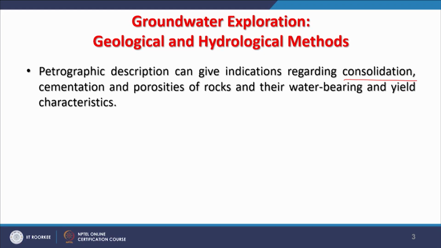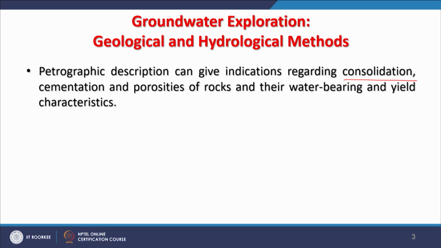Further, the petrographic description: how the rocks are, whether they are igneous, sedimentary, or metamorphic, and even within sedimentary, how the mineral content and constitution vary. That kind of information is also useful, as it gives indications regarding consolidation, how hard or soft the rocks are, and how compact. Second, it gives information about cementation.